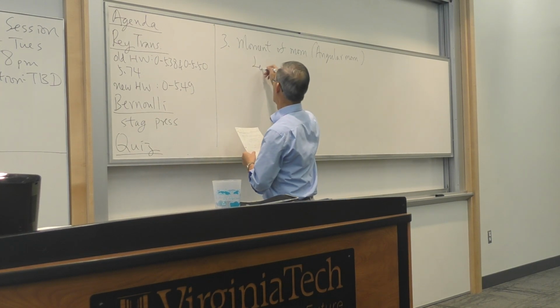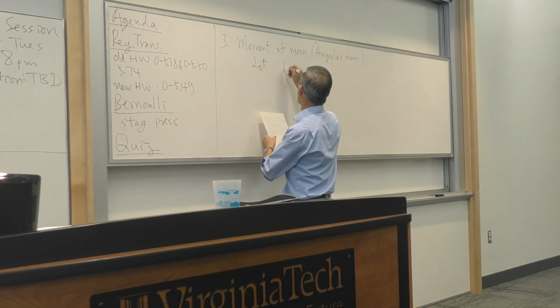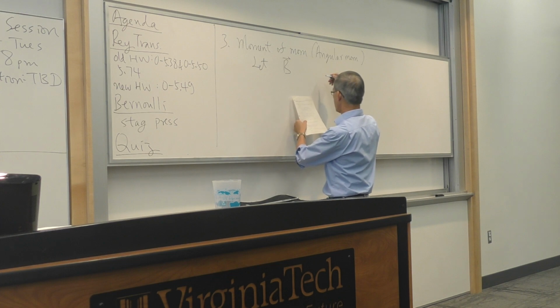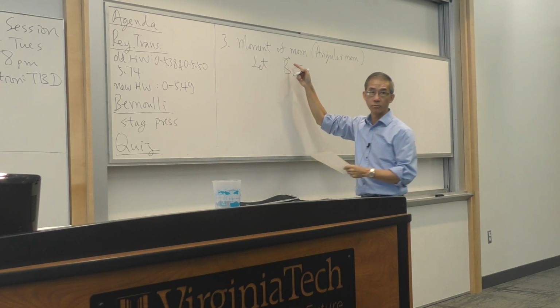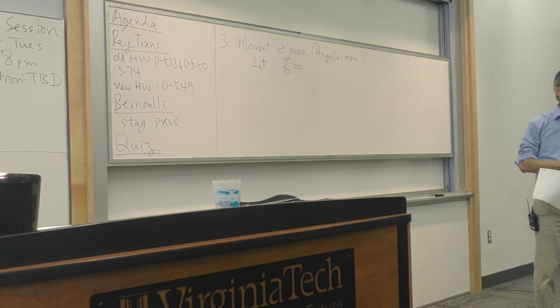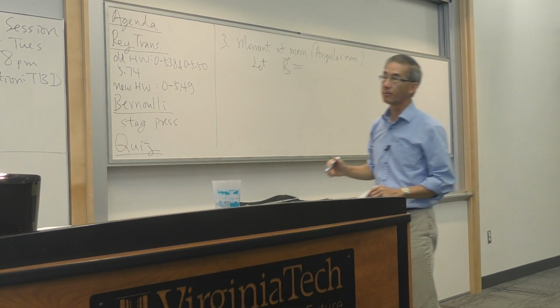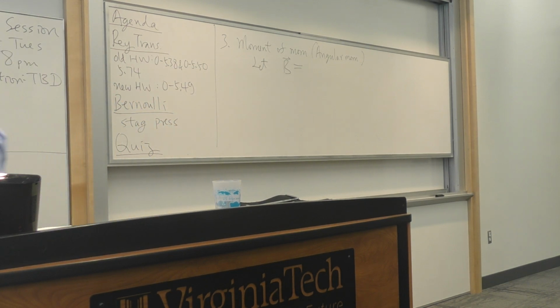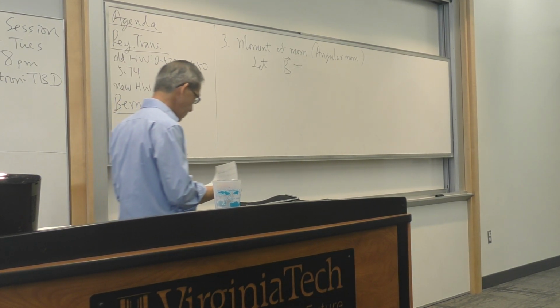So maybe some of you have the insight to tell me what I would want to set the capital B to, which for angular momentum is still a vector. For linear momentum, I make the capital B my linear momentum, which we did last time, right? So for angular momentum, what do you think I want the capital B to be?